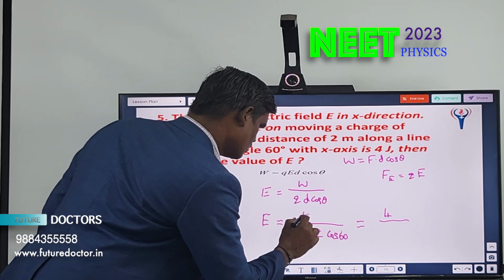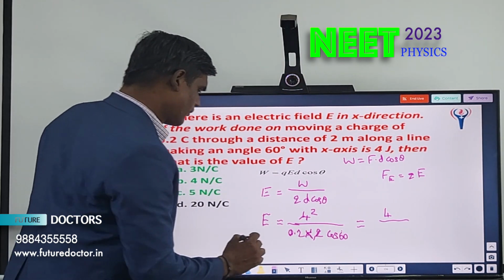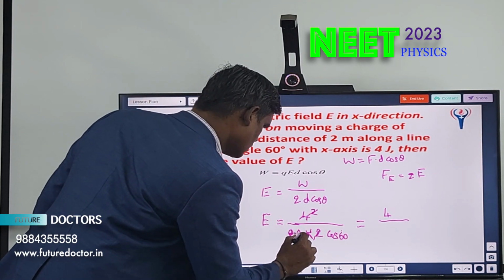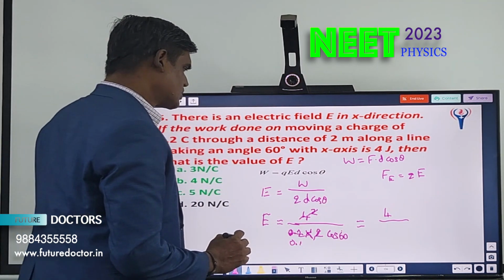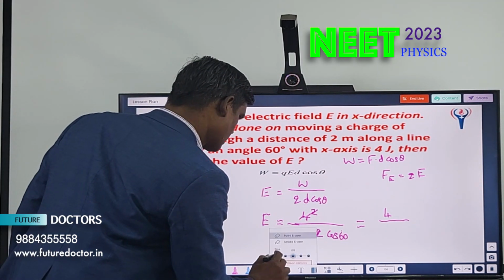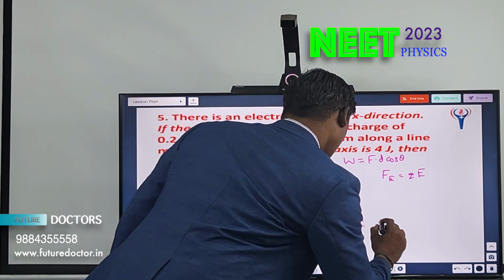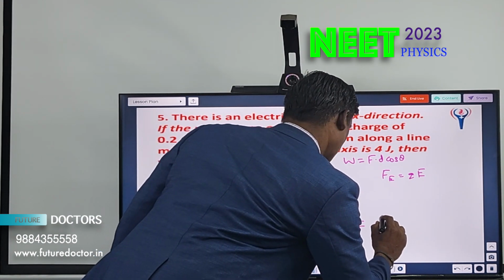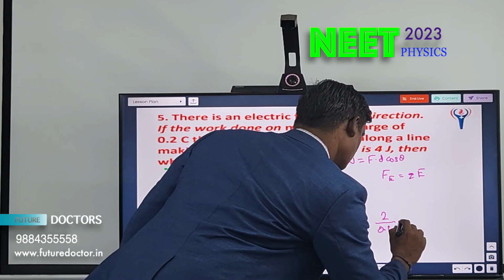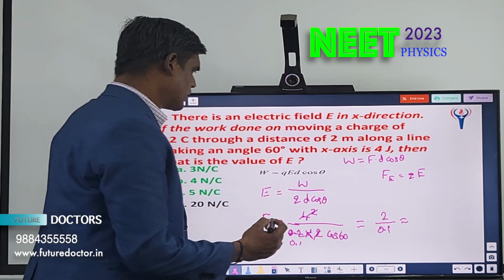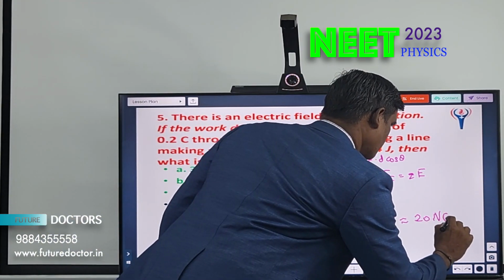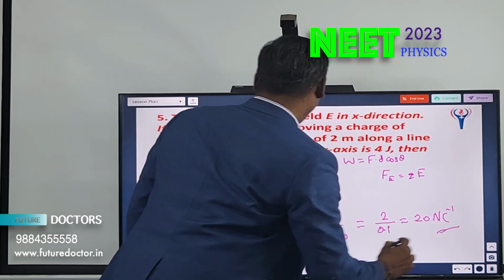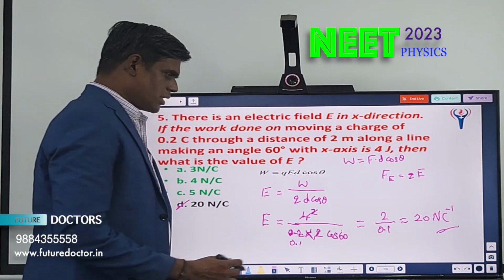Right, 2, 2, 4. And this 2, 0.1. Cos 60 is how much? Cos 60 is 1 by 2. Then 1 by 2, that is 2 by 0.1. 2 by 0.1 equal to, multiply and divide by 10, you will get 20. 20 Newton per Coulomb. Which option? Option D.